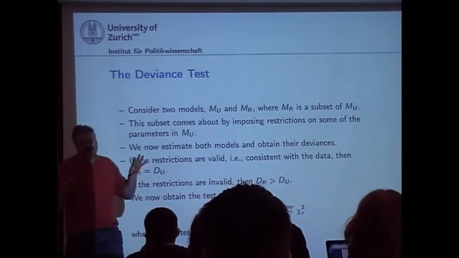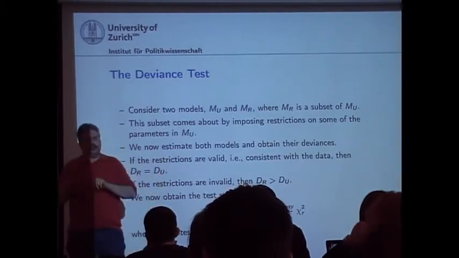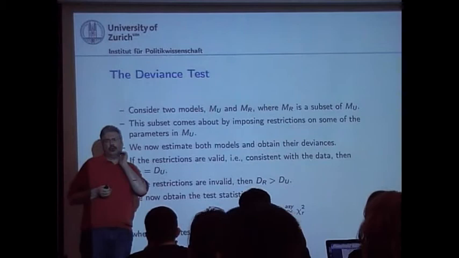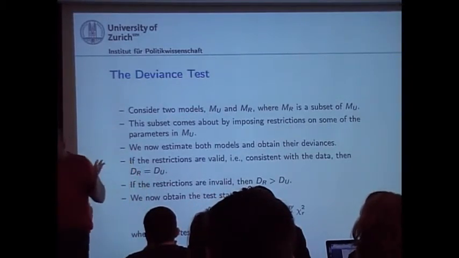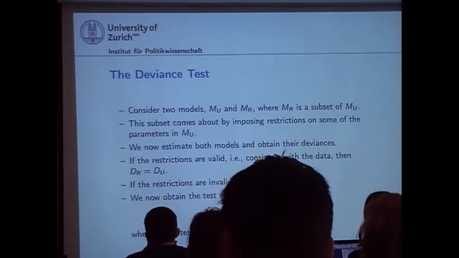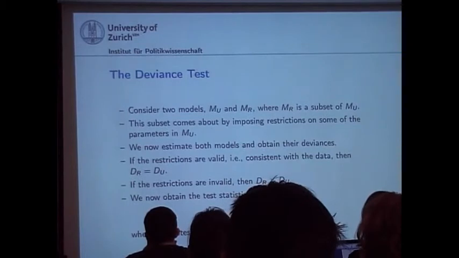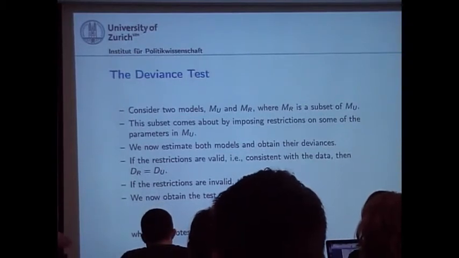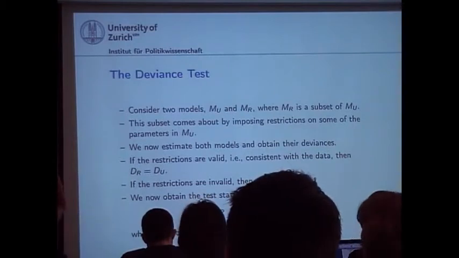remember the deviance is a measure of the lack of fit, then the lack of fit of these two models should be approximately equal. They should both fit the data equally well, or if you want to be a pessimist about it, they should both be equally bad in terms of fitting the data. So DR and DU should be roughly the same.